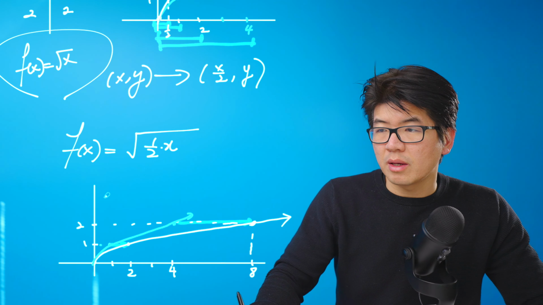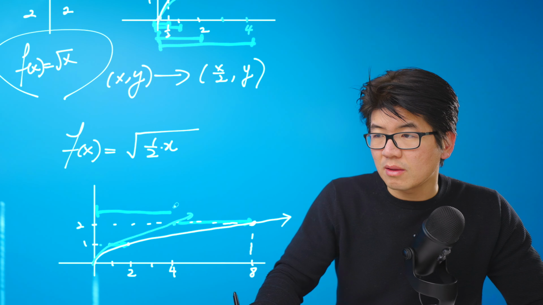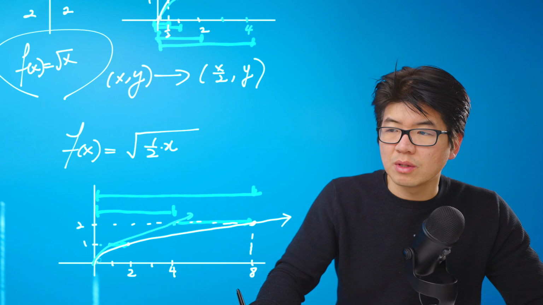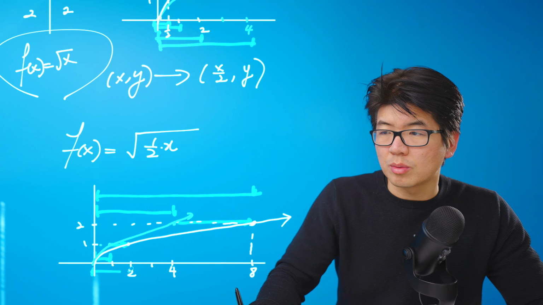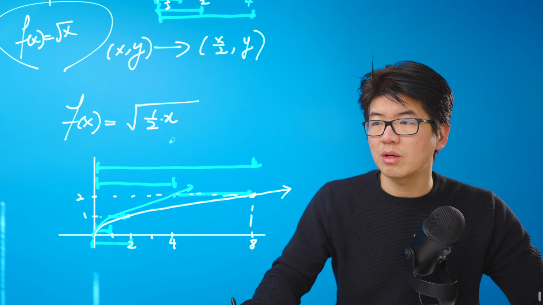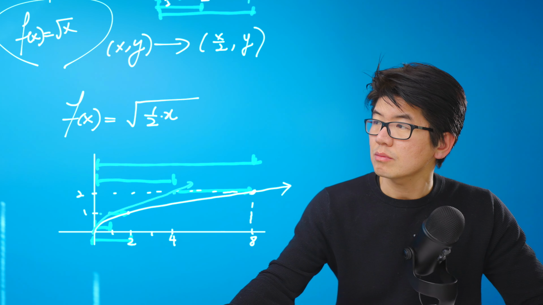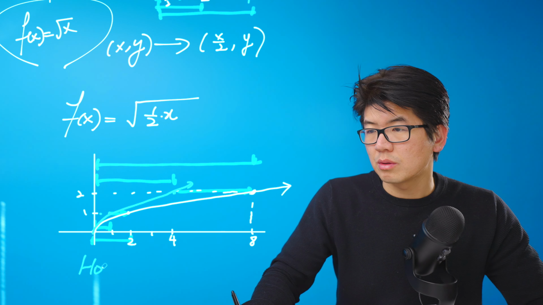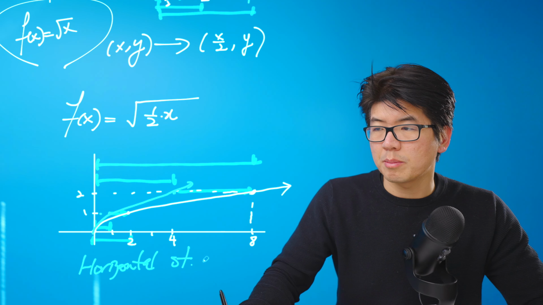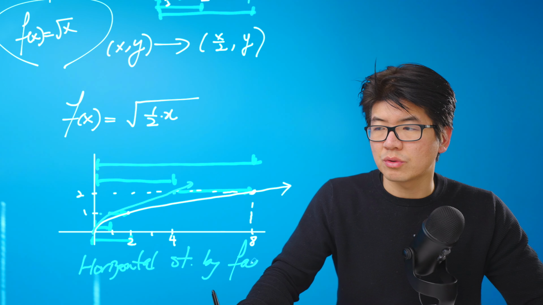And more precisely, the length of 4 became 8. The length of 1 became double. Everything is stretched by 2 times, okay? So here we say it's a horizontal stretch by a factor of 2.